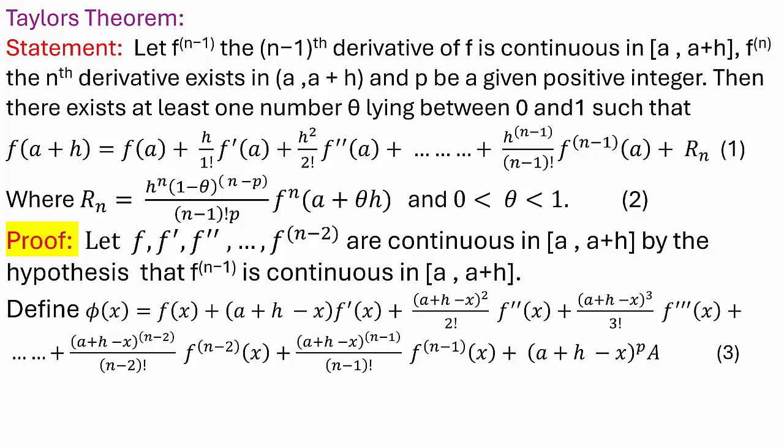We shall define up to the (n-2) term: ((a+h-x)^(n-2)/(n-2)!) f^(n-2)(x) + ((a+h-x)^(n-1)/(n-1)!) f^(n-1)(x) + (a+h-x)^p times A. We shall define the function phi like this. Here the constant A is unknown.